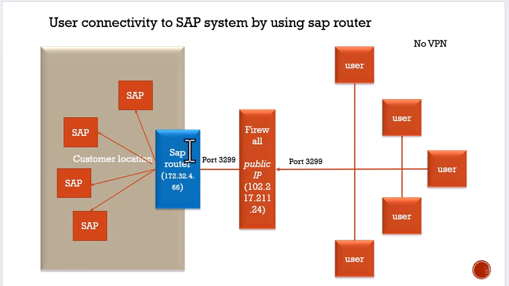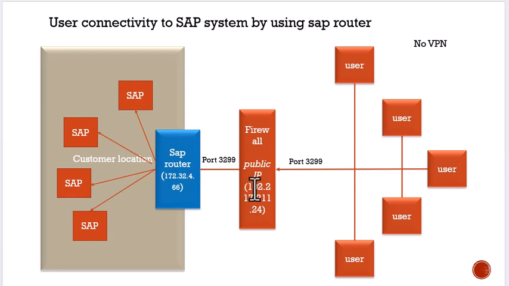And on top of that, you will have a public IP. This public IP will be routed to your SAP router. I have randomly picked some public IP here, like 1.1 or 2.2.7, and you have the SAP router.